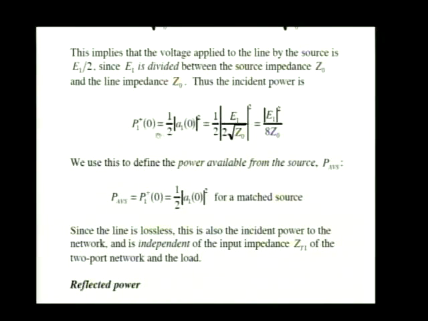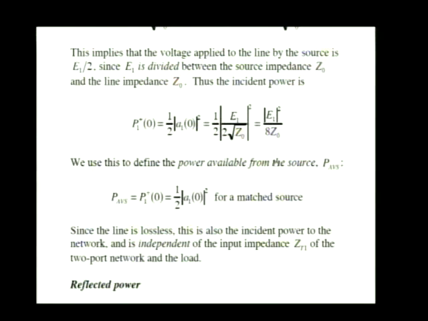If the internal impedance of the source was not 50 ohms, was not Z0, then it would supply less power to the two-port, and you'd end up with a value for P1+ that was smaller than this. So this is actually the greatest possible value that P1+ can take on.